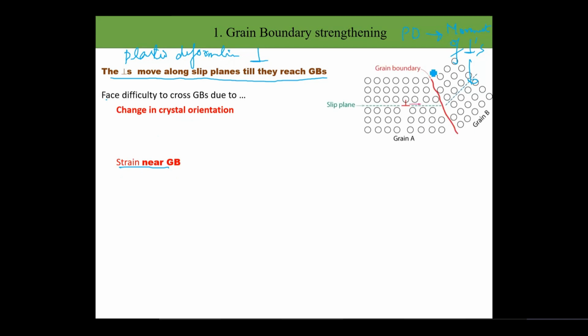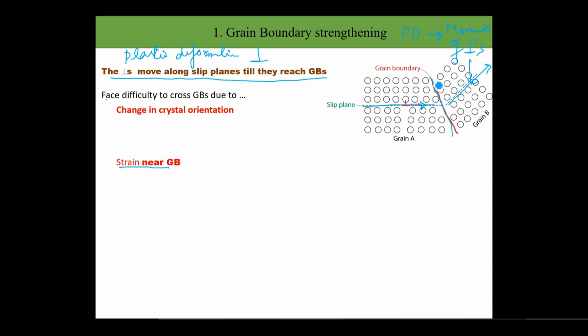So पहली रीजन क्या है कि ये एक स्लिप प्लेन है जिसके ऊपर डिस्लोकेशन मूव कर रही है इस डायरेक्शन के अंदर. Now as it reaches the grain boundaries, यही स्लिप प्लेन और डायरेक्शन जो है ये ओरिएंटेशन की वजह से यहाँ पे मूव हो गए.